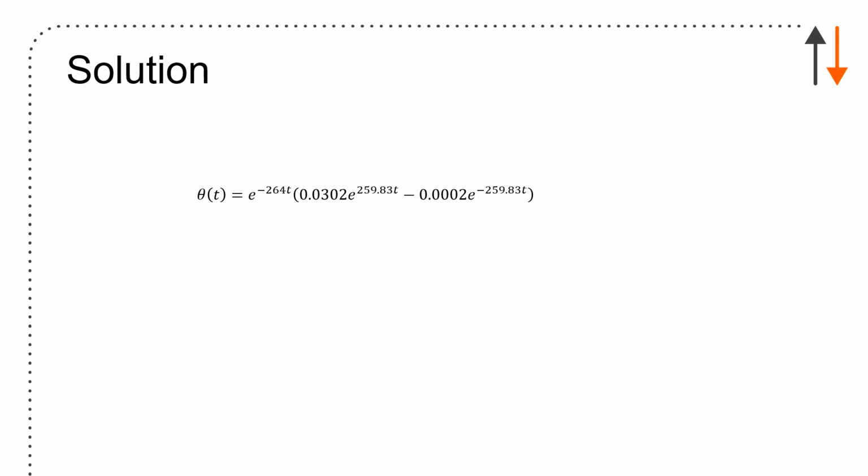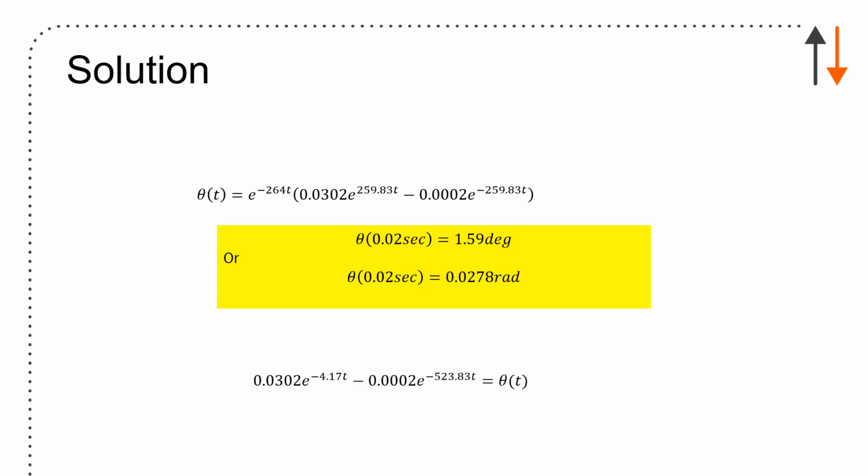Theta equals e to the minus 264 t, 0.302 e to the 259.283 t plus minus 0.02 e to the minus 259.83 t. Now, if I had been a little bit smarter, I would just multiply all of this across, and I'd end up with a big number of about 500 and a small number of about 4 here.